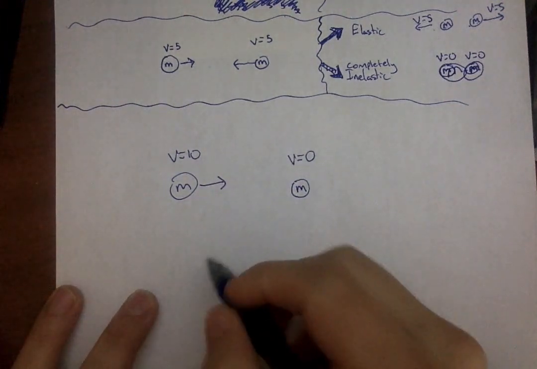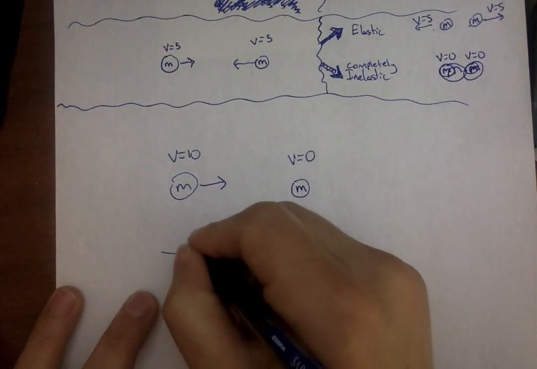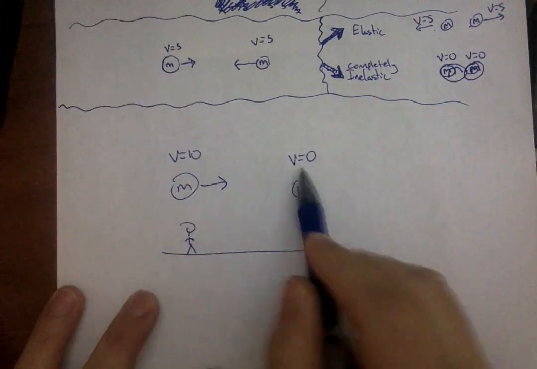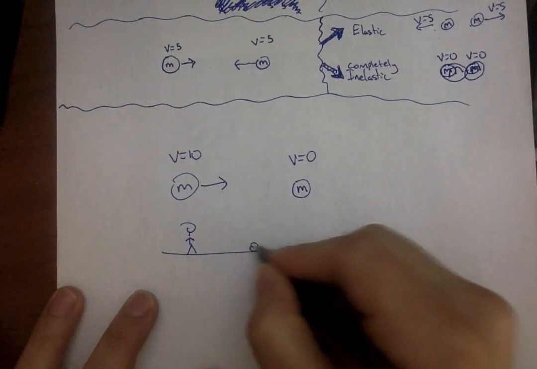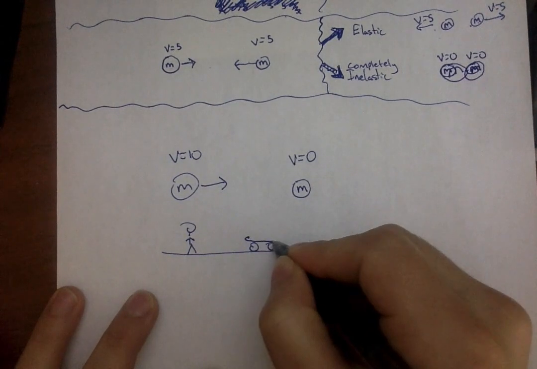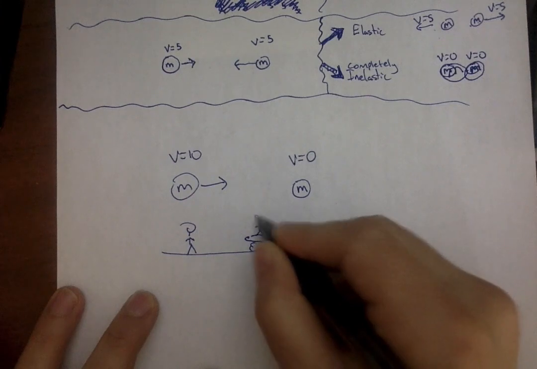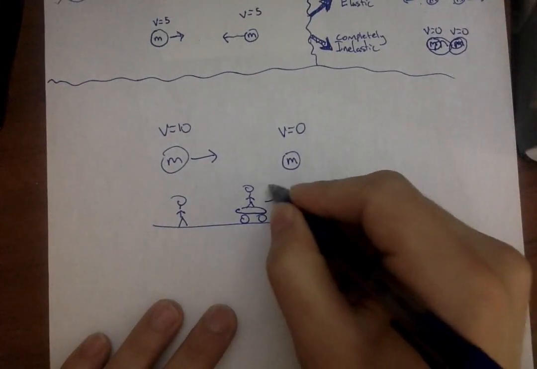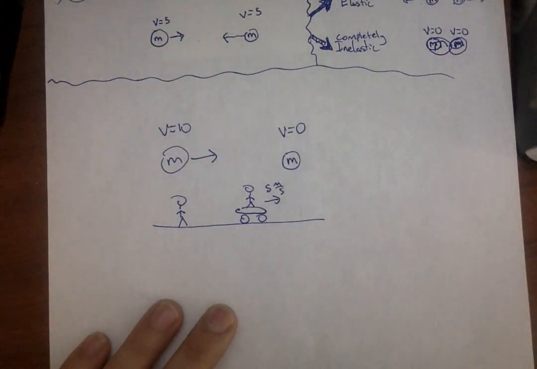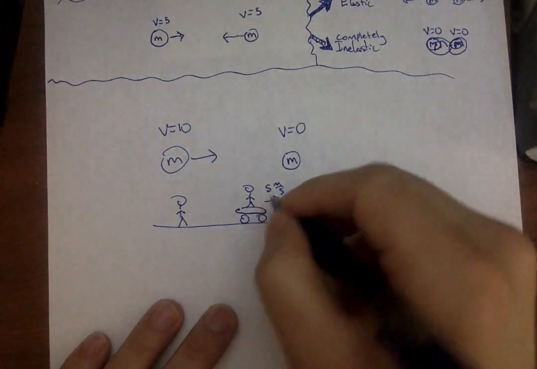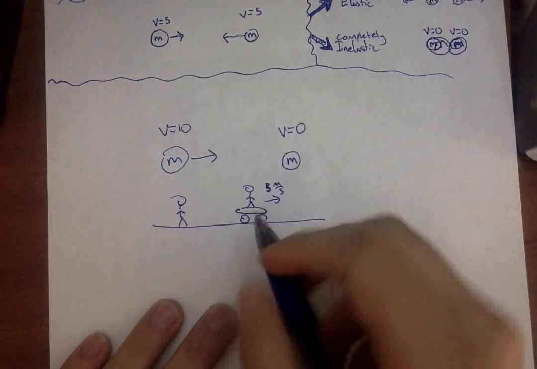I can tell you from one person's perspective that this is what's going on, but if I have another person on a skateboard who is moving at 5 meters per second to the right, I want you to think about what this picture is going to look like from the skateboarder's perspective.